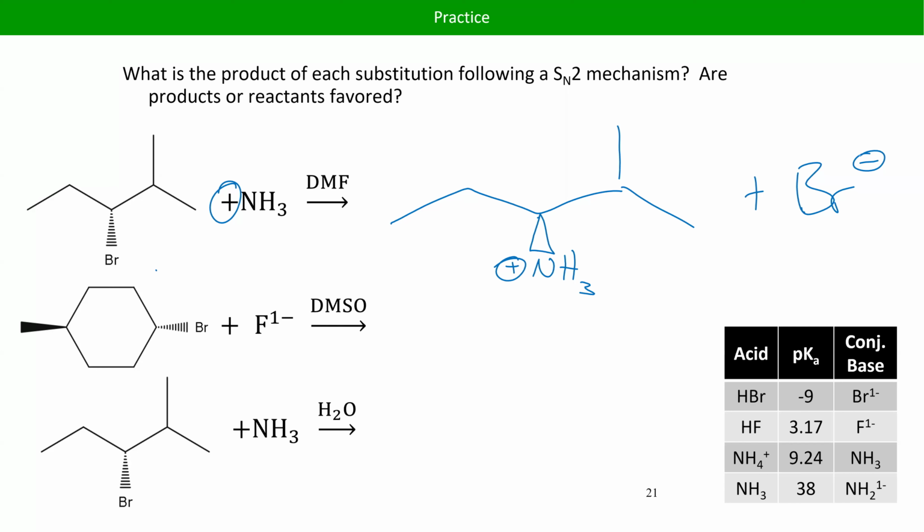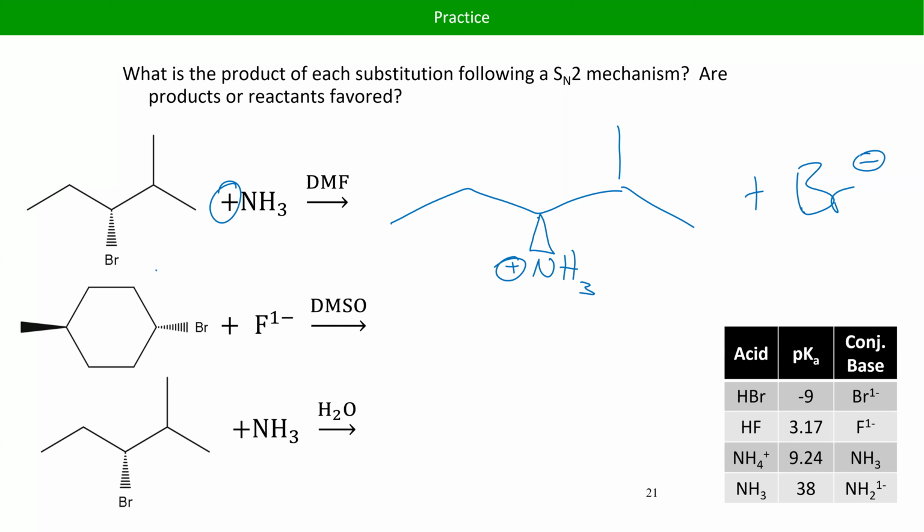So for this first one, which side is favored, products or reactants? Why? There's no charge. Everything's neutral. But what's a better leaving group and what's a stronger nucleophile? Bromide, pKa of -9.